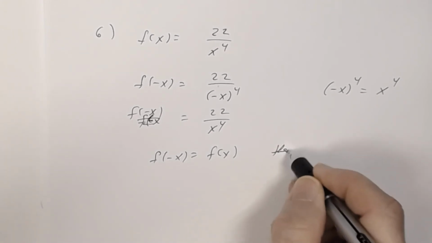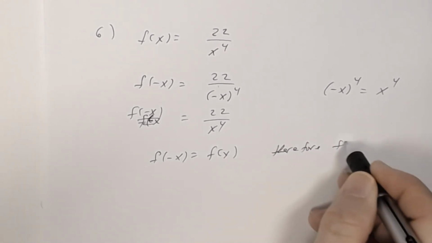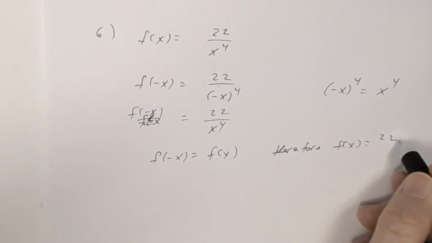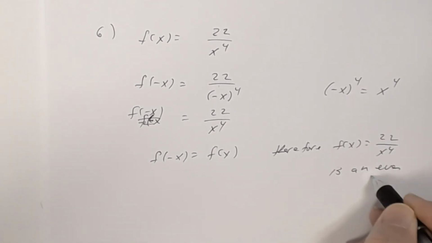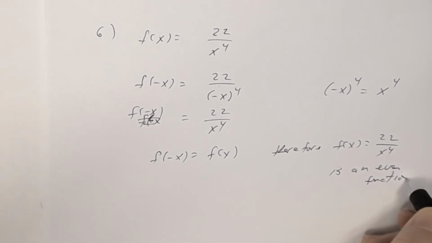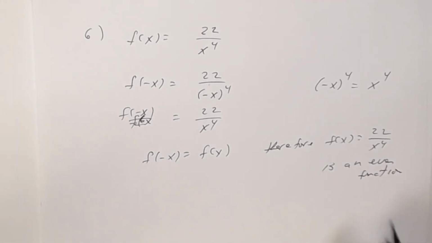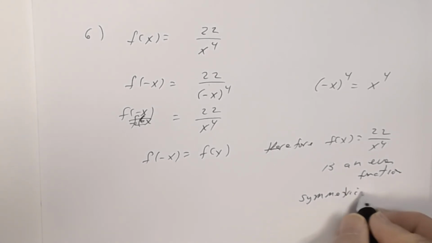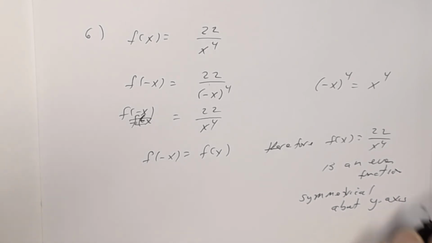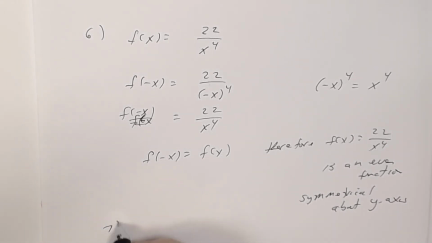So therefore, f of x, which equals 22 divided by x to the fourth, is an even function, which means it's symmetrical about the y-axis.